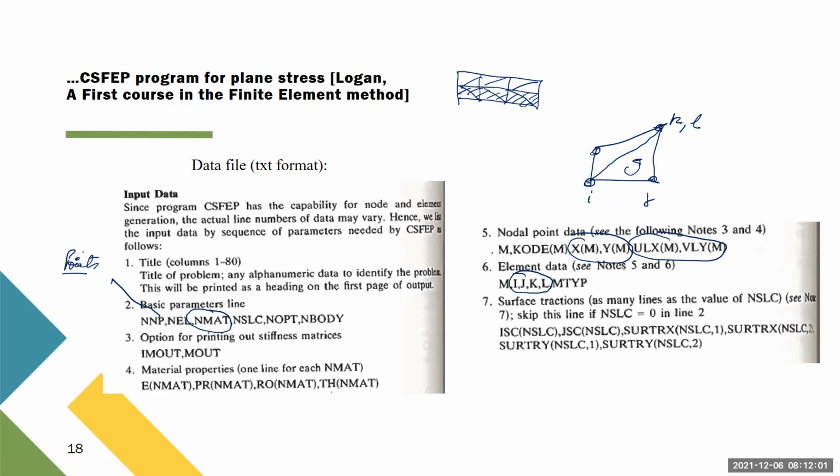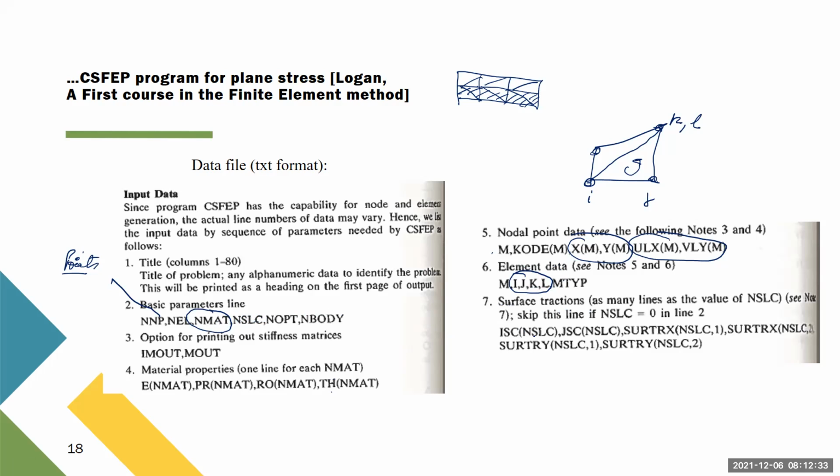M type depends on the material. If you have 2 or 3 materials, you have to specify for every element what type of material you are using. And finally, you have the surface tractions. Remember that up here you specified that you're going to include this many tractions.